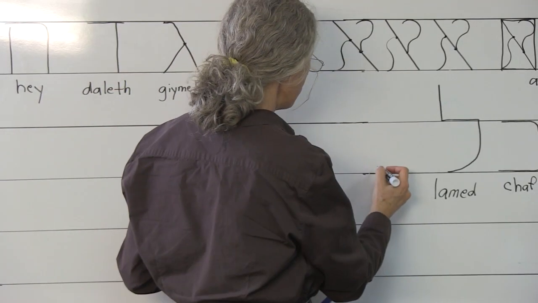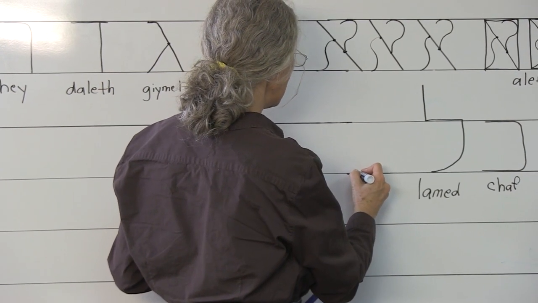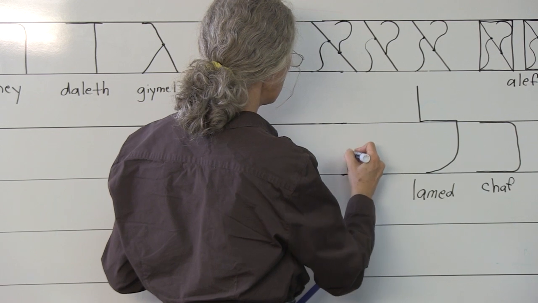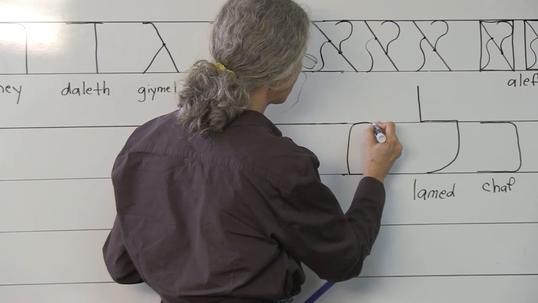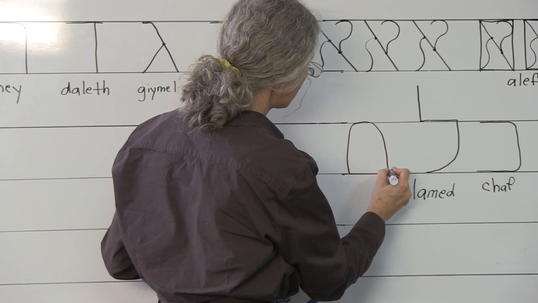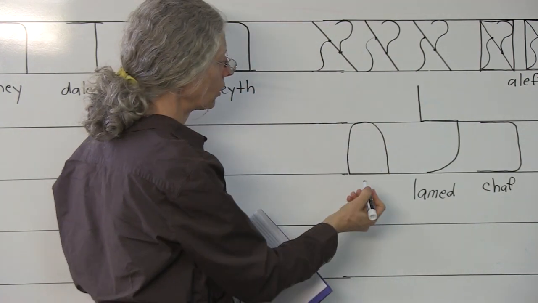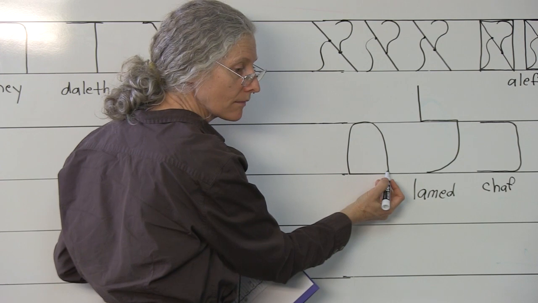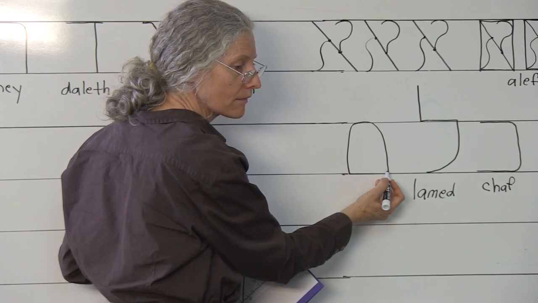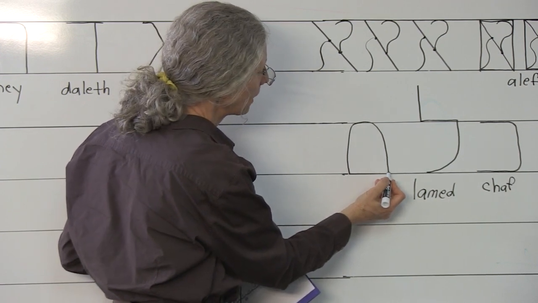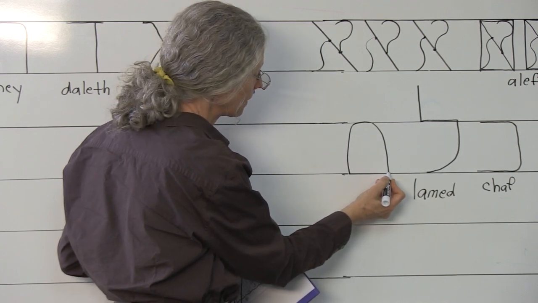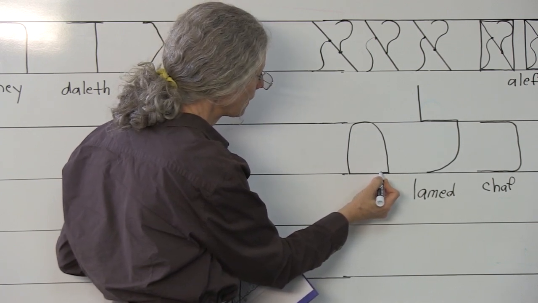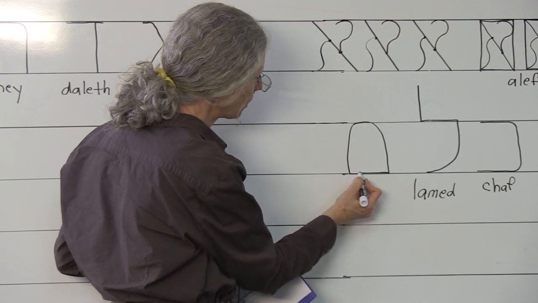Next comes the mem. Mem is a big upside down U. So you're going to start at the middle space, come up, and then down. Okay, so it's an upside down U. And then continuing with this line here, put your pencil here, and then come across, make a base, but don't close it.